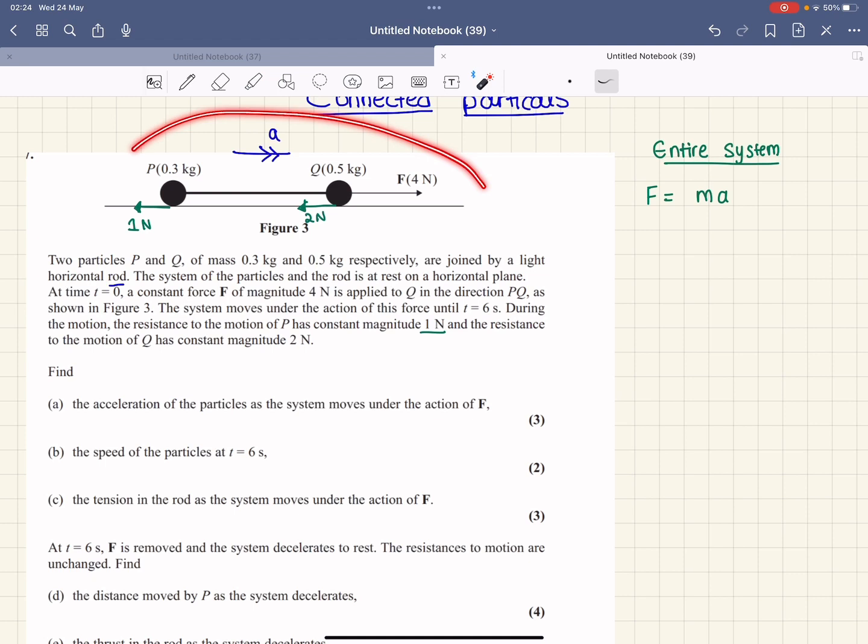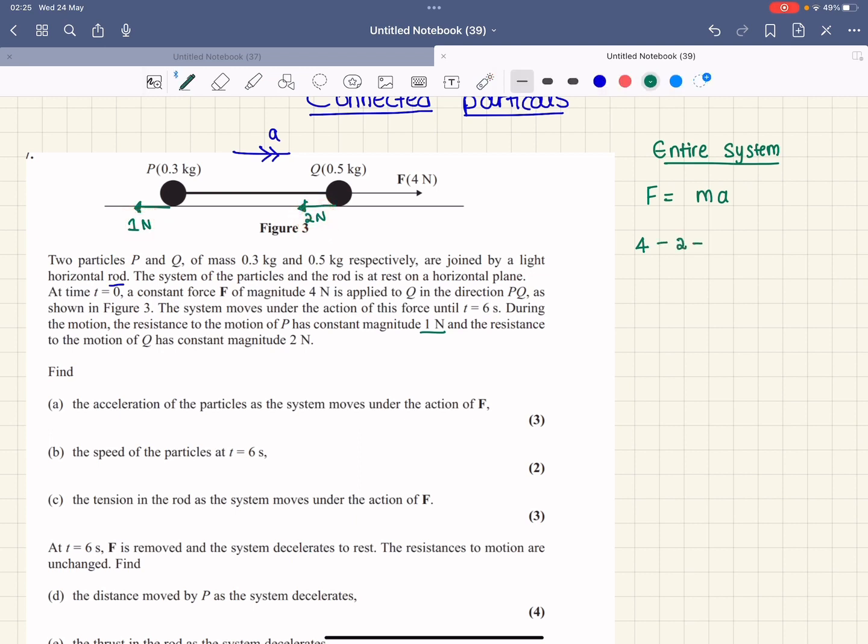So I'm moving the entire system using a 4 Newton force, and the force required is mass times the acceleration. So 4 Newtons of force is given to move the object forward, but although I'm giving 4 Newtons force, 2 Newtons of force and a 1 Newton force is obstructing the motion.